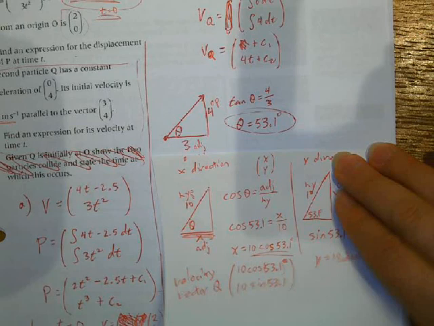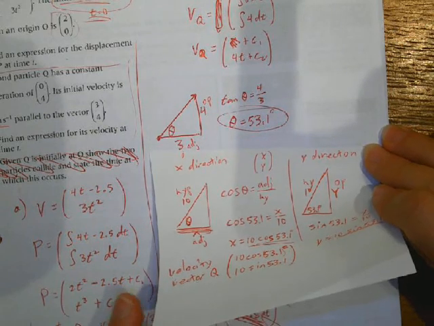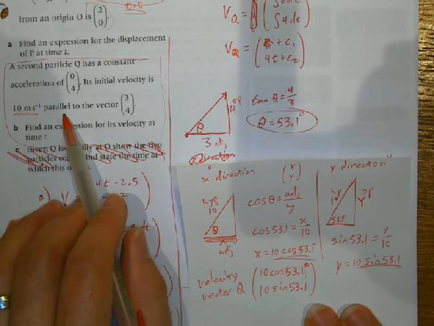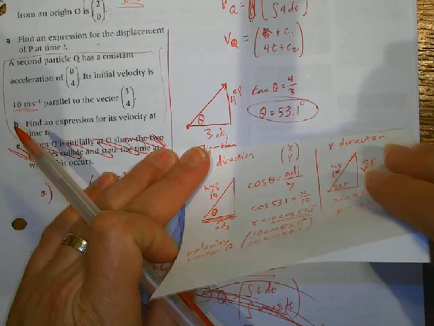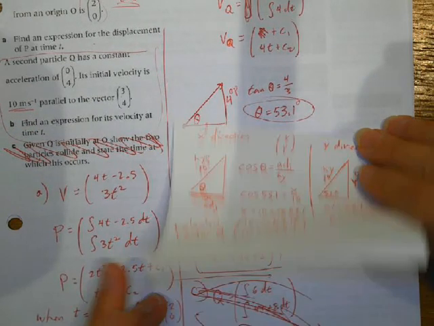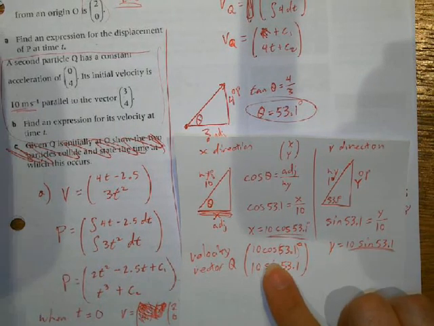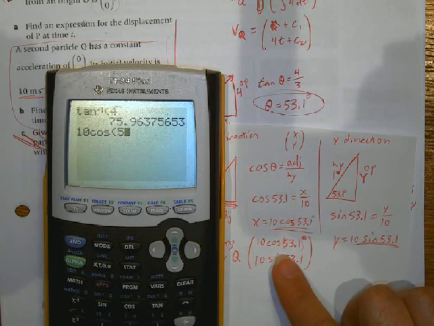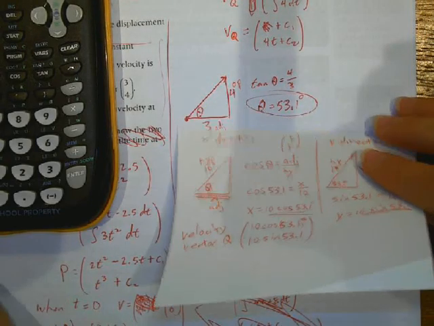Okay, so now that I've got that, I can use my calculator and type in 10 cosine 53.1, and I'm going to get 6, and 10 sine 53.1, and I'm going to get 8.